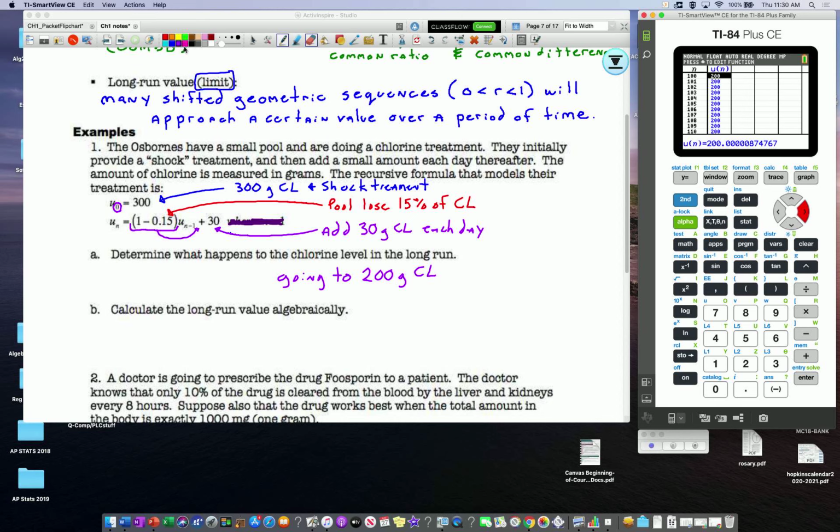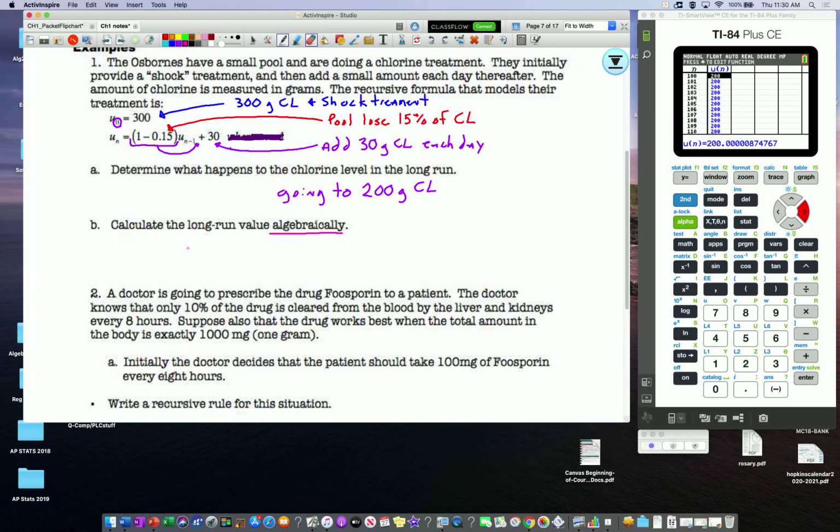So now, it asks you to calculate out the long-run value algebraically. So, if you're okay with this, this is how I've taught this before. I like to abbreviate long-run value as LRV, long-run value. Okay? So, how do you calculate the long-run value? It's a simple formula.